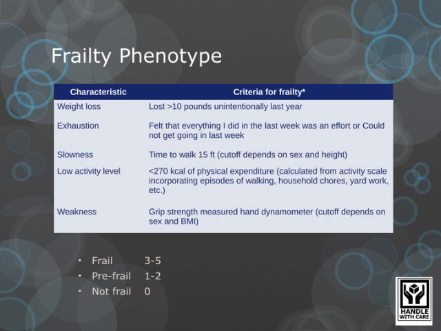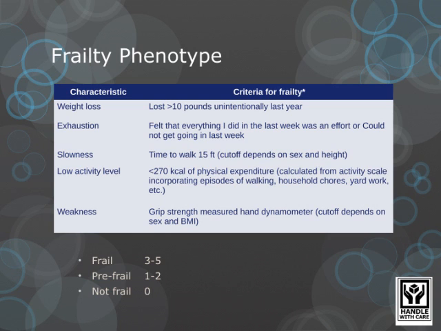Exhaustion, you can ask them if they felt that everything they did last week was an effort. But then slowness: you have to time them walking 15 feet, and you have to base it on a chart that looks at sex and height. So it makes it a little more complicated to apply clinically. Could do it, but not so easy.